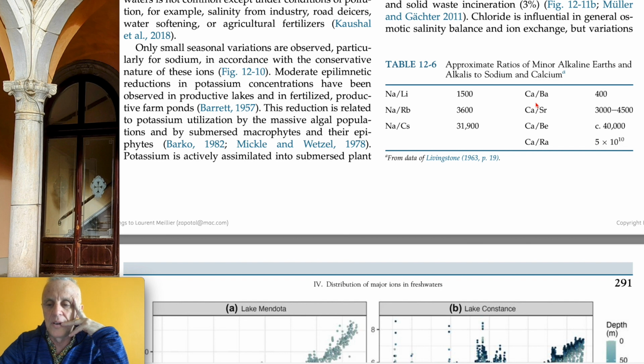And then we have calcium to barium, calcium to strontium, calcium to beryllium, and then calcium to radium. What we can glean here is, for example, calcium to barium is very close to each other. So the occurrence of barium is close to calcium in a lake, where it's opposite, for example, for calcium to beryllium or calcium to radium, of course.